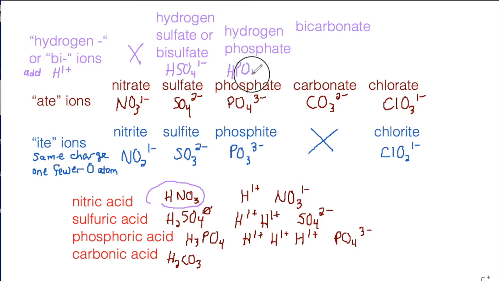So HPO4, we're going to add an H, and then we add a +1 to that charge, giving us a -2 charge. You can call this hydrogen carbonate, but for this one, the more common name is bicarbonate. So we'll add an H, and then we will add 1 to the charge, making the -2 into a -1. We have the same issue with chlorate, that if we add a hydrogen with a +1 charge, we won't have an ion anymore.